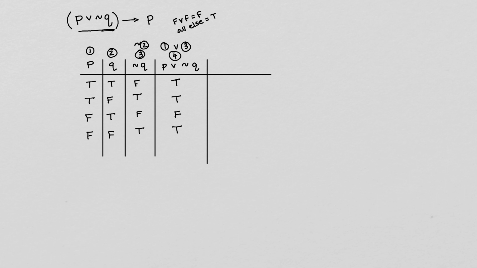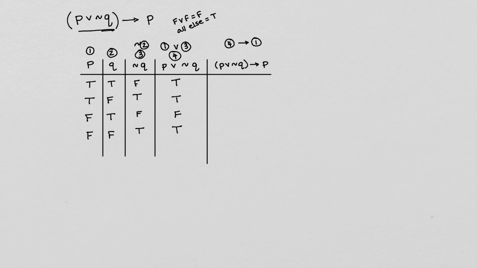And now I'm ready to do the whole expression, and I have if P or not Q, then P. And so this is if column 4, then column 1. And this is where you have to be really careful.